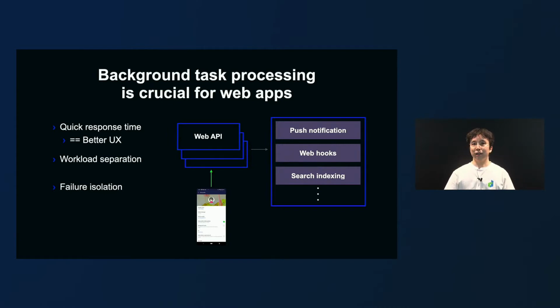Now, these days, for web application development, background task processing is crucial for quick response time to enable better UX, and workload separation for stability, and also failure isolation. This includes, for example, push notification, calling webhooks, and updating the search indexing.